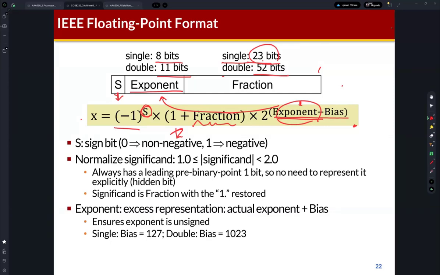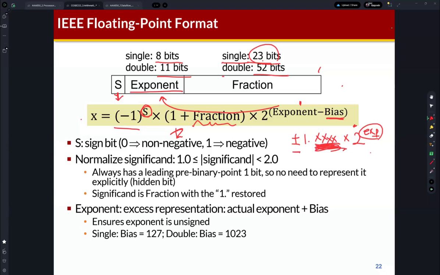Okay, so you can find the bias. You may think that if we see a floating point number like plus or minus 1.xxxx multiplied by 2 to the power of the exponent, then we know these numbers are always positive, because this is the sign bit.